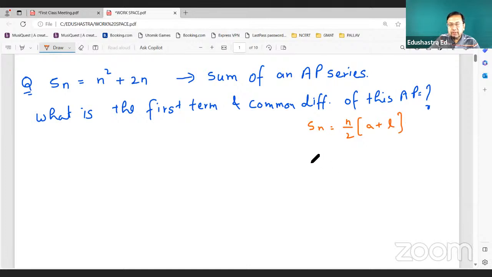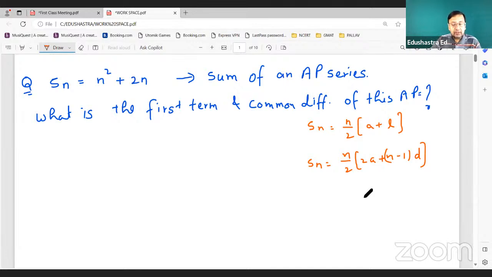This is one expression. Second is S of n is equal to n by 2, 2a plus n minus 1 times d, right? So these are the two expressions and I can take any expression, equate, simplify, get the values of the variables and then get my answer.